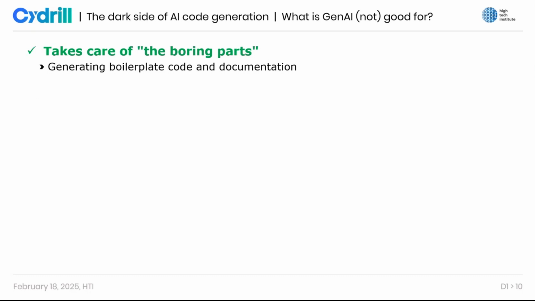These include things like writing boilerplate code that's very repetitive, but still has to be done by somebody, or even documenting some functions, which is often just a writing exercise. And in many cases, generative AI is pretty good at these kinds of tasks, especially the documentation part, because it's basically natural language, which these models are pretty good at. So that's a plus for sure.